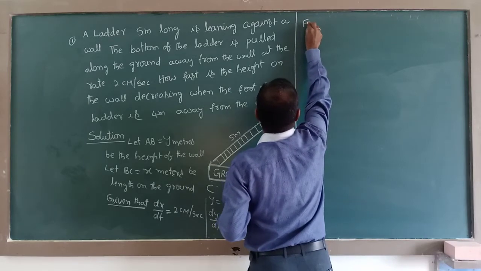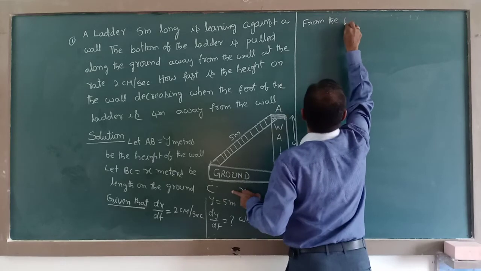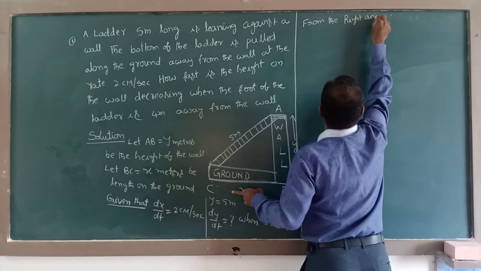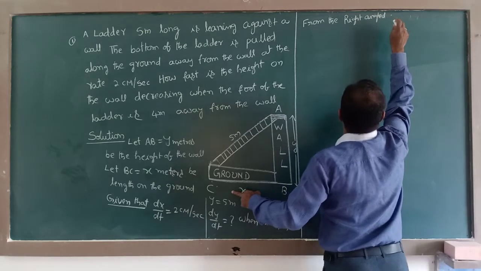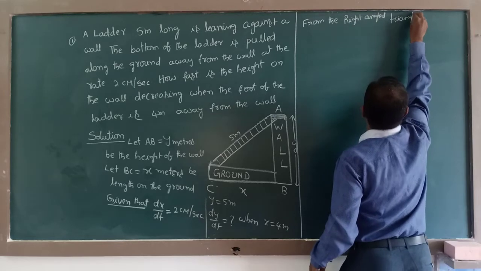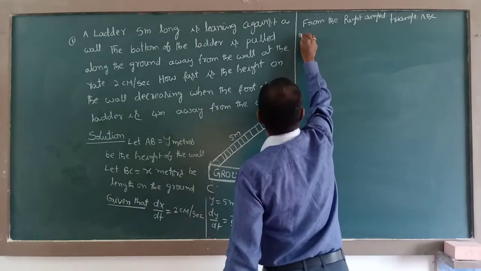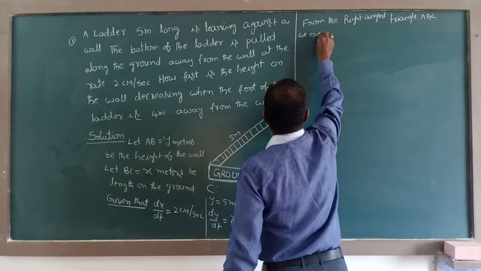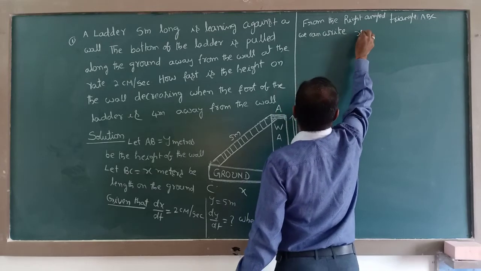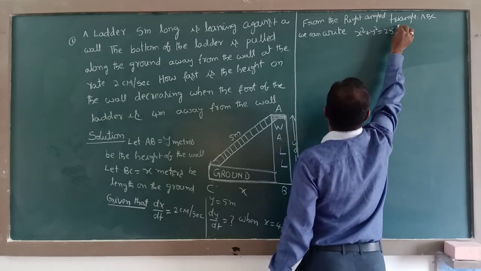from the right angle triangle ABC, we can write x square plus y square is equal to 25.